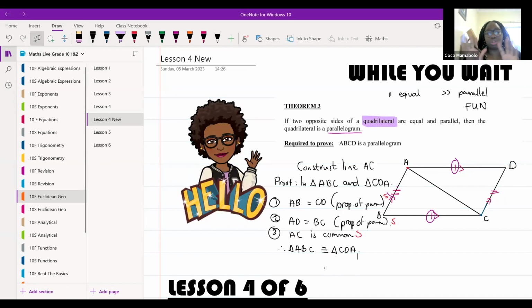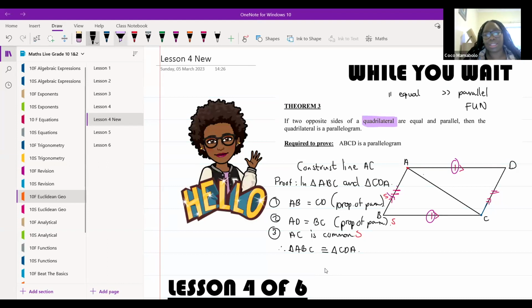Because if the two triangles are congruent, then the angles are all the same. The sides are all the same. Everything about them is exactly the same, right? So we can then use that to look at the alternate angles. Okay, we can then look at the angles and see which angles equal each other in order for us to prove that this is a parallelogram.